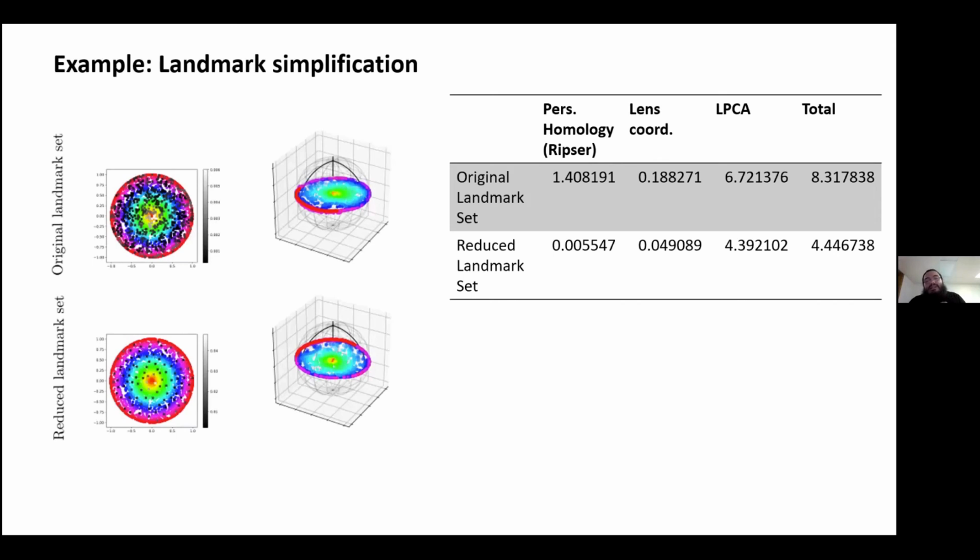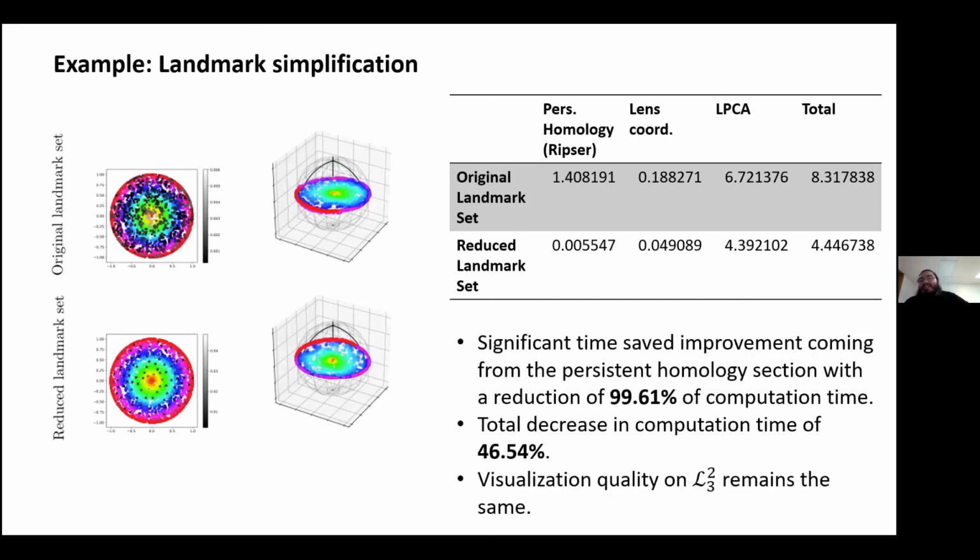What we gain with this type of landmark simplification procedure is a lot of computational time. Because if we think of what we are doing here, we need to compute persistent homology, we need to compute coordinates, and we need to do a huge dimensional reduction procedure. What we see here is almost a 50% reduction in computation time, and it is highly concentrated on the persistent cohomology computation, which for all these examples was done with Ripser.